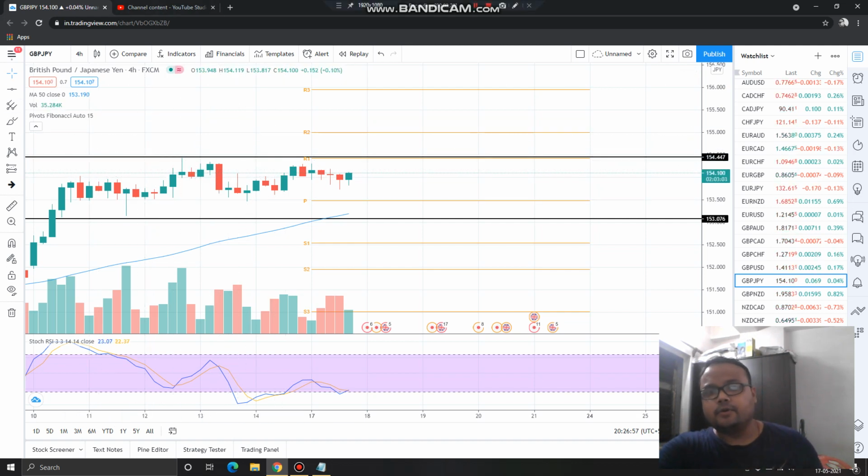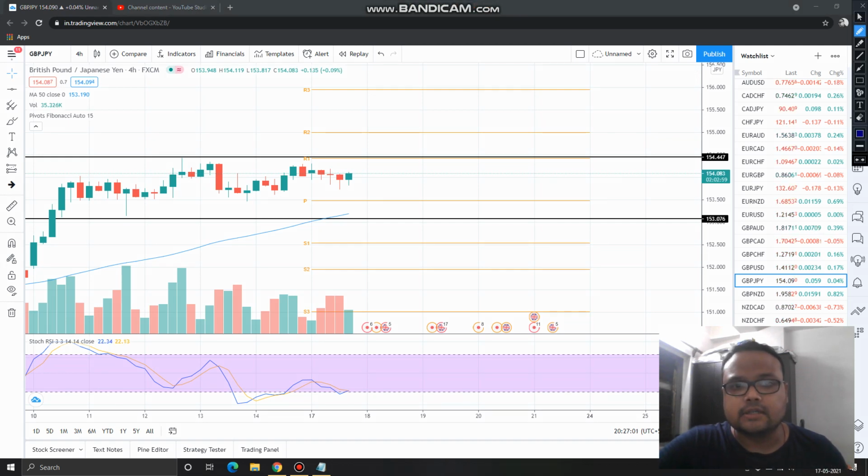So the second trading opportunity is to wait for the market to cross this particular level, this resistance. It's 154.55.